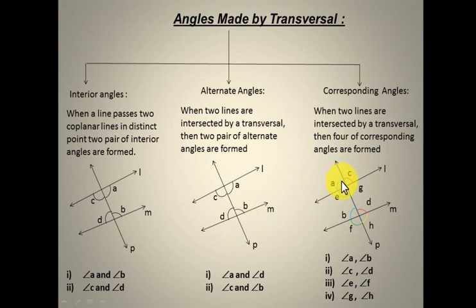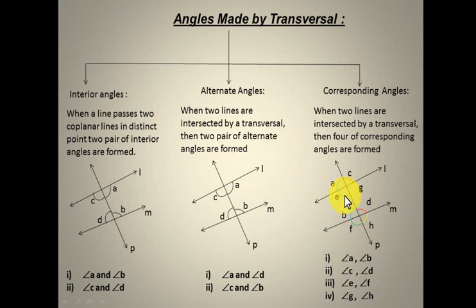Now, when two lines are intersected by a transversal, four pairs of corresponding angles are formed. How many pairs? Four pairs. Like A, B, C, D, E, F, G, H. These are the four pairs which are the corresponding angles.